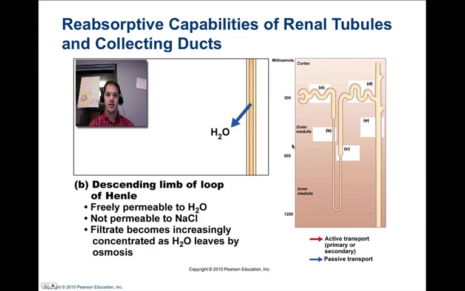The loops of Henle. So the descending loop of Henle is freely permeable to water, but not permeable to sodium chloride, salt, or a lot of other solutes. So the filtrate becomes increasingly concentrated as water leaves by osmosis.